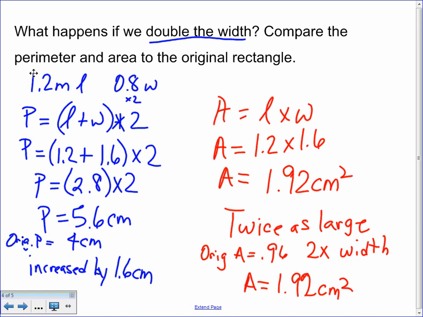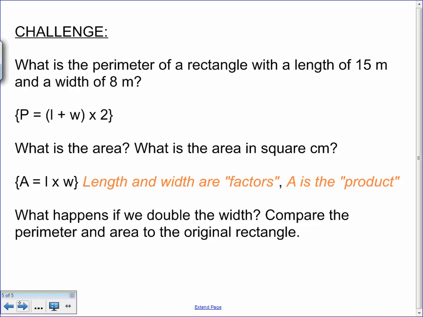So to finish off the comparisons, I'm going to give you one to try at home. Here's your challenge. In your notebook, find the perimeter of a rectangle with a length of 15 meters and a width of 8 meters. Remember, the perimeter formula is length plus width, times 2. Then, what is the area? Again, remember, area is length times width. What is it in square centimeters?